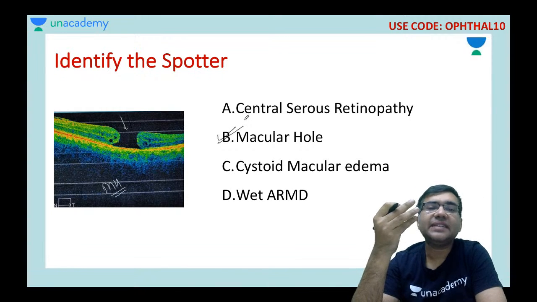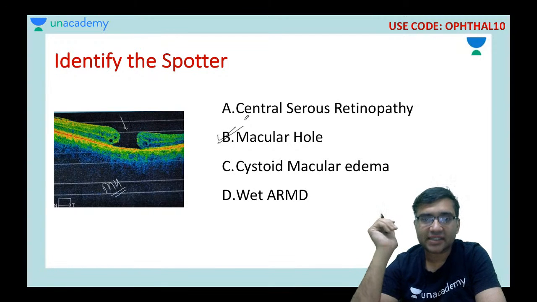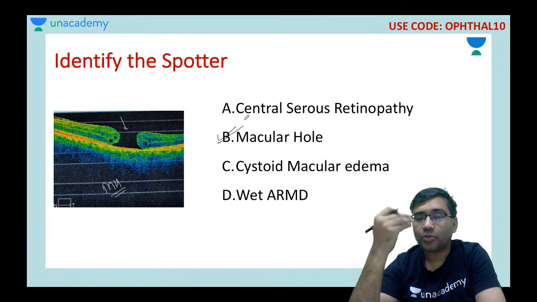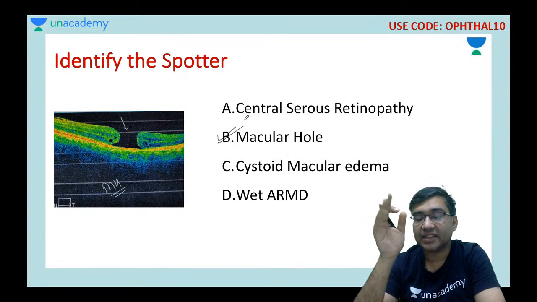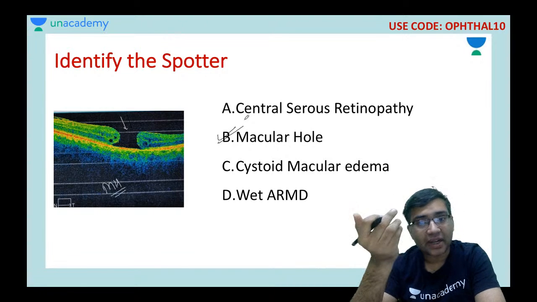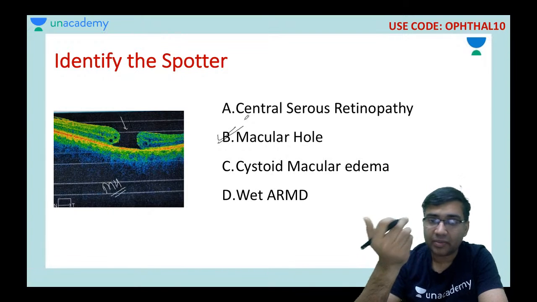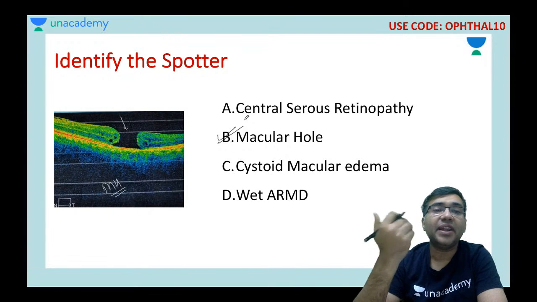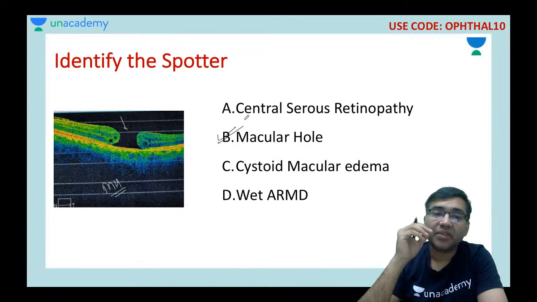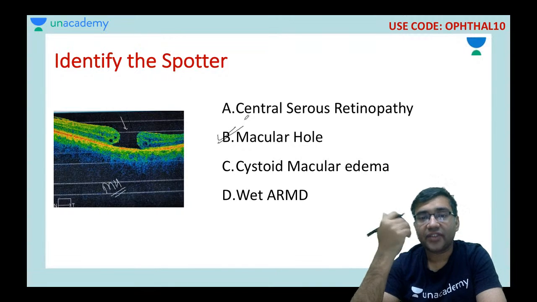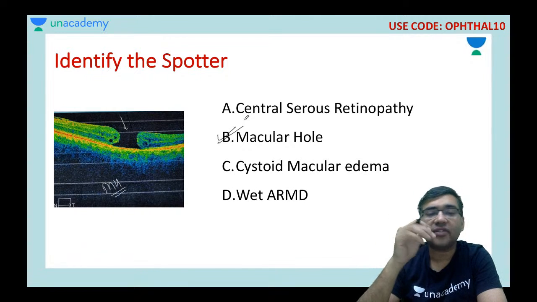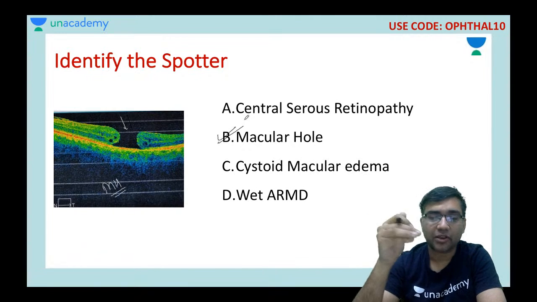The signs and symptoms may be the same as in central serous retinopathy, but they are more severe because there is a total loss of the layers there. The macular hole can be traumatic, it can be post-cystoid macular edema, or it can be idiopathic. But very important is that these macular holes are very difficult to treat, and you need to have a surgical intervention in the macular hole.